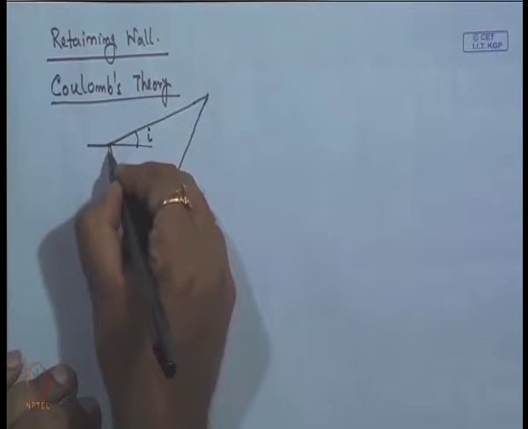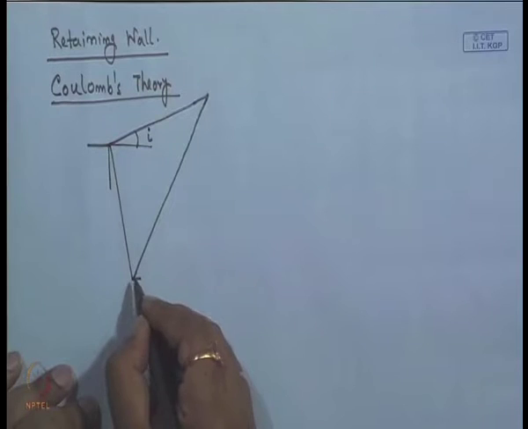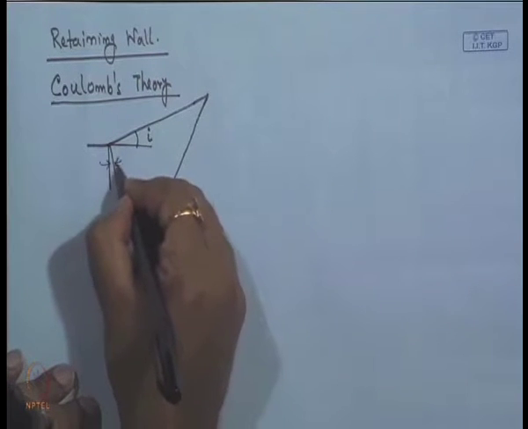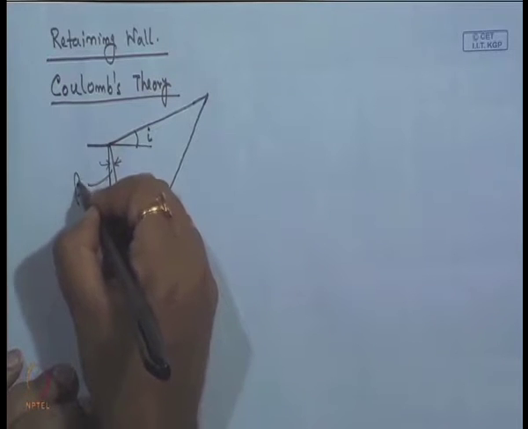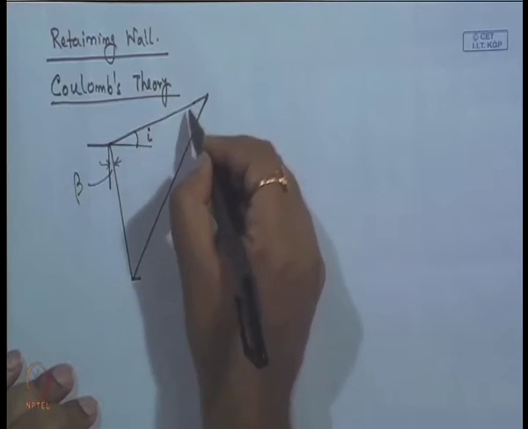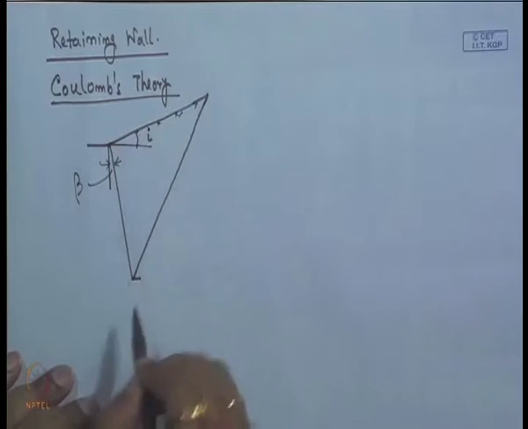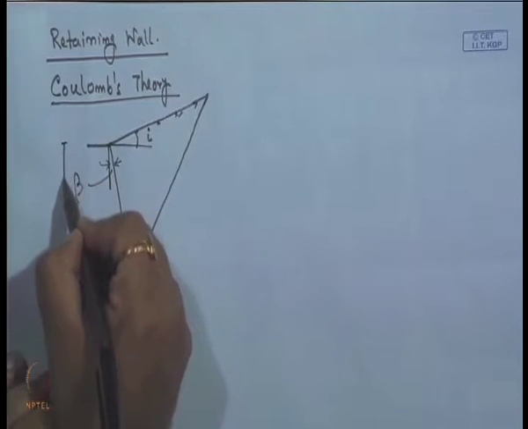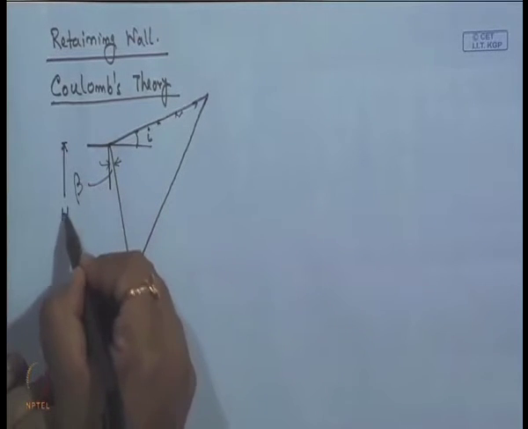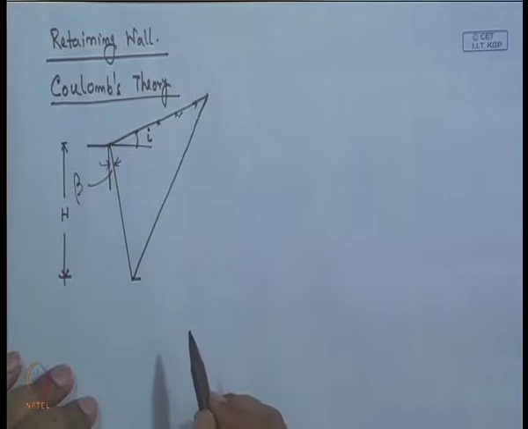Here, the retaining wall is making an angle beta with the vertical, and the backfill is making an angle i with the horizontal. Say H is the height of the retaining wall.